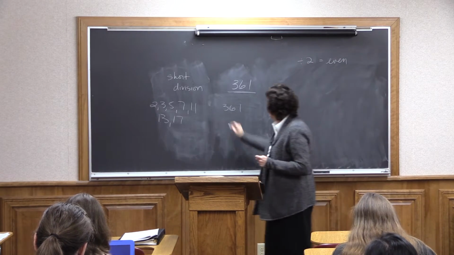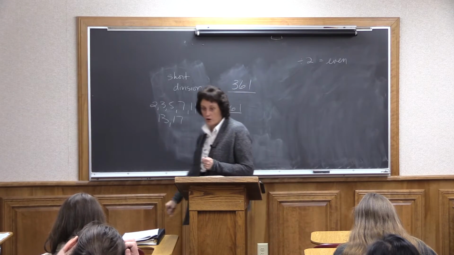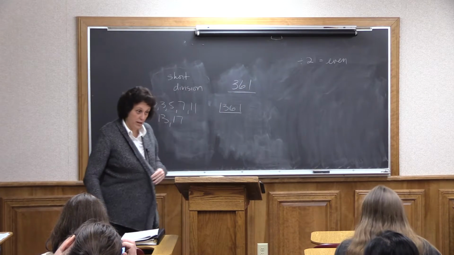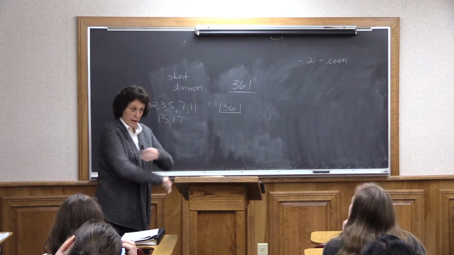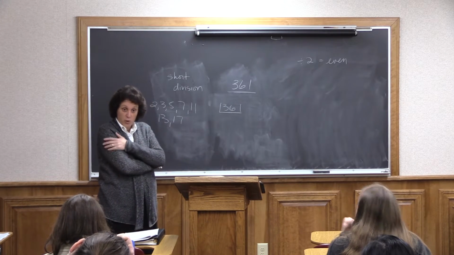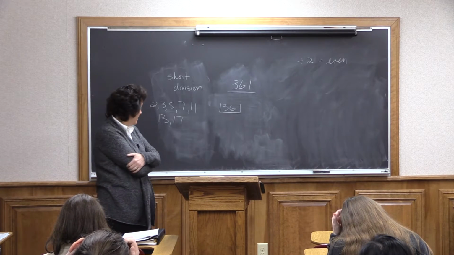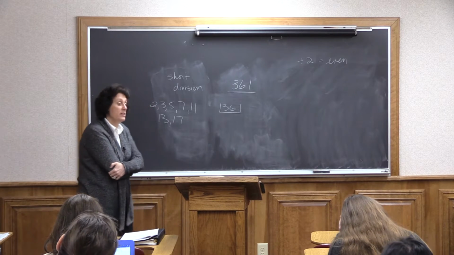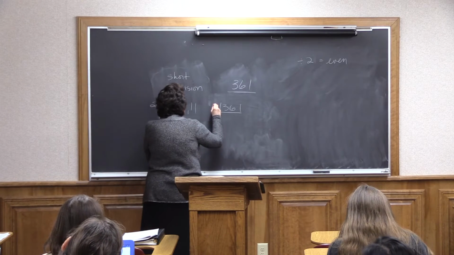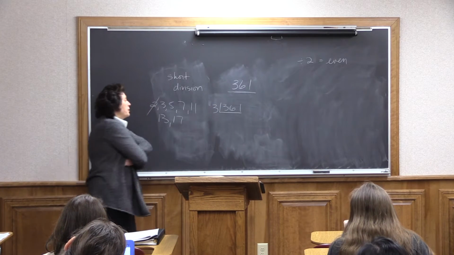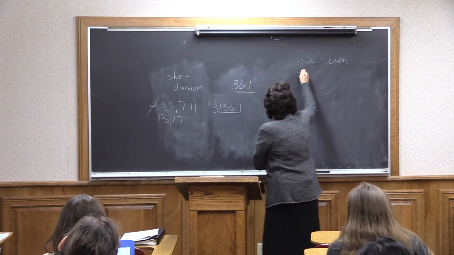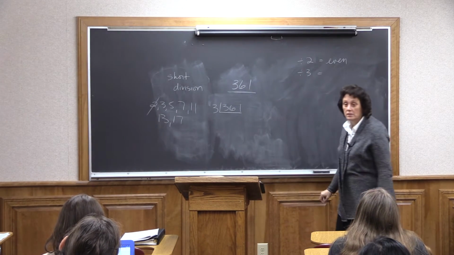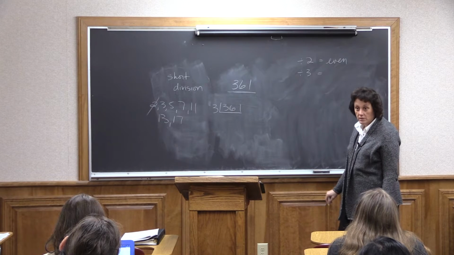So in my short division problem here, that I'm going to start to prime factor 361, do I bother with 2? Normally when I prime factor I start with 2, but I'm not going to do that here because it's not an even number. 2 doesn't work, I'm going to proceed to 3. What is the divisibility rule for 3? Sum the digits.